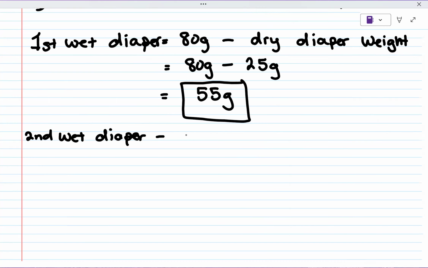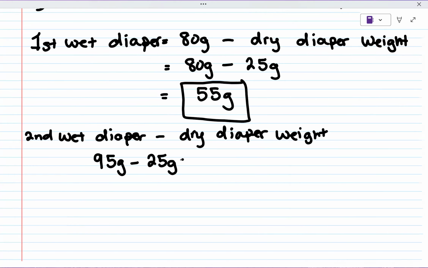The dry diaper weight is a constant of 25 grams, right? That doesn't change. So it's going to be 95 grams minus 25 grams, and that gives me 70 grams.